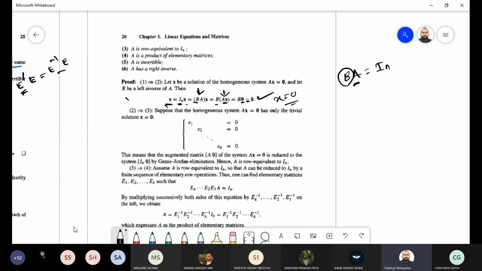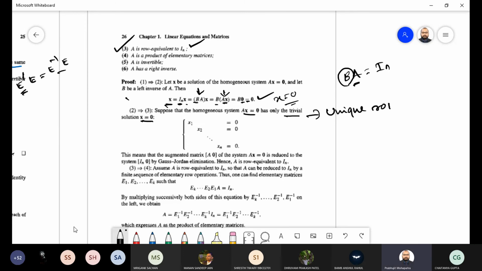Then from 2 we come to 3. What is 3 saying? 3 says that A is row equivalent to the identity matrix. So how are we going to get that? Suppose the homogeneous system Ax equal to 0 has only the trivial solution, which means a unique solution.